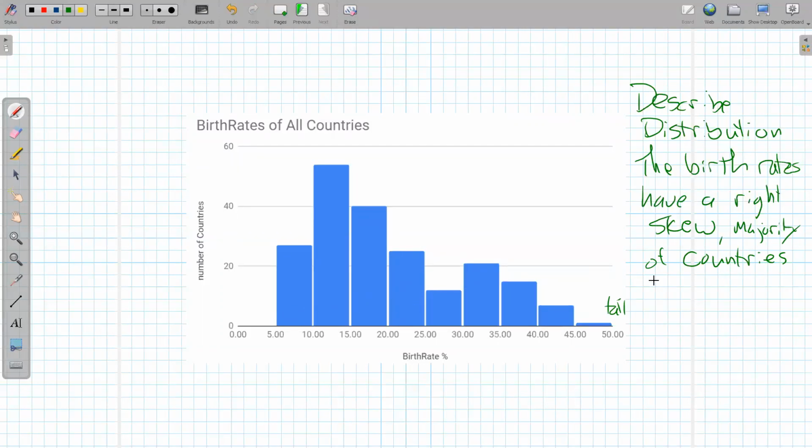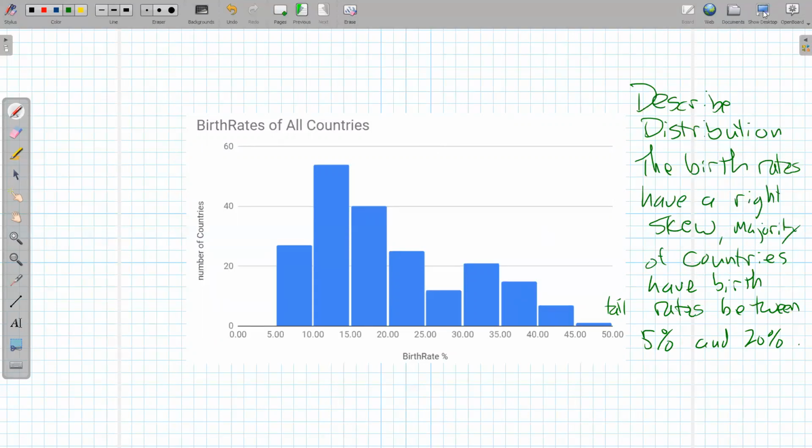So majority of countries have birth rates between 5% and 20%. So anytime we make a histogram, we want to just tell a little bit about what we see here. And usually we talk about skewness, we talk about outliers, which I'll get to in a minute, and then maybe where the bulk of the data lies. So that's a description there.